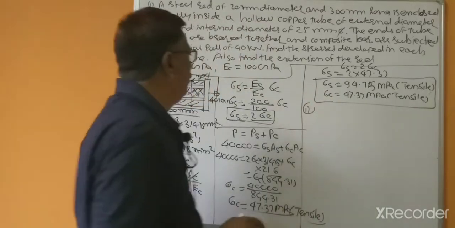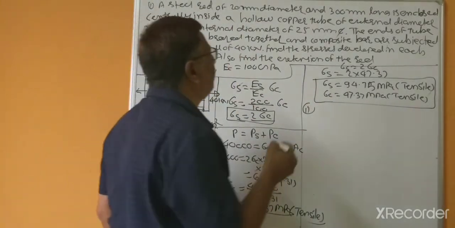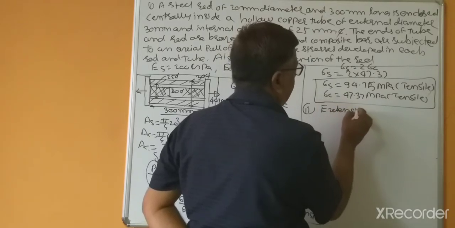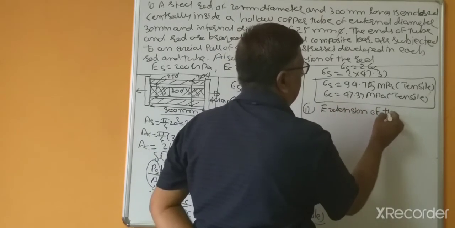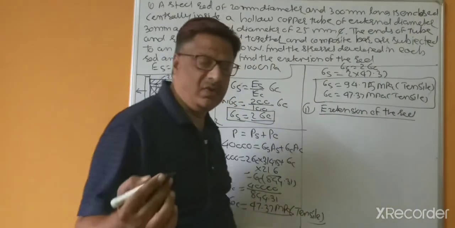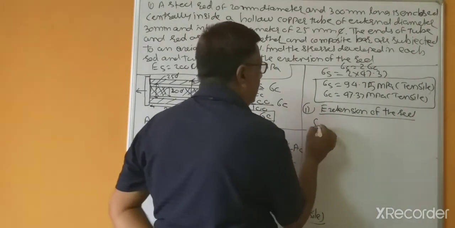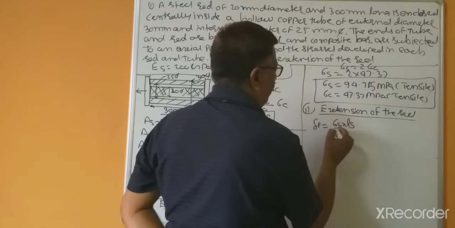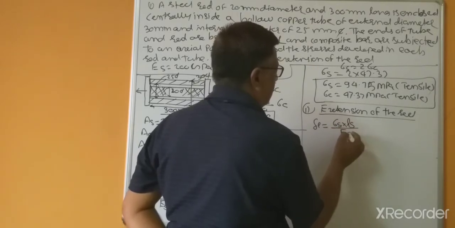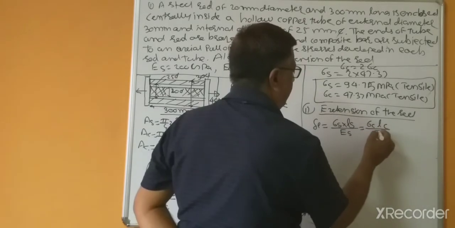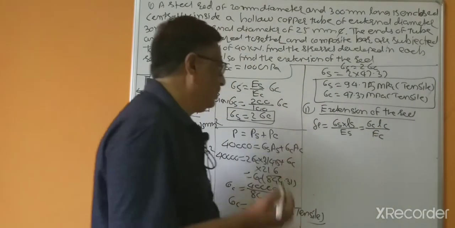Now find the extension of the rod. So here you can consider delta L equal to sigma S into LS divided by ES, or sigma C LC divided by EC.